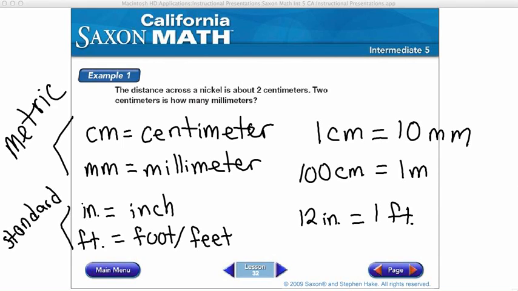So let's talk about the relationship between centimeters and meters, and centimeters and millimeters. Millimeters are smaller than centimeters. 1 centimeter is equivalent to 10 millimeters. So if you're looking at the ruler that you have in front of you, if not, pause this and go get one.